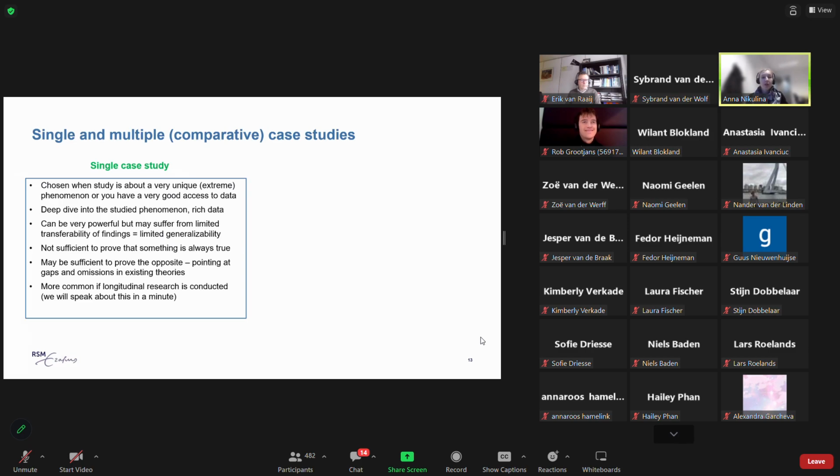For example, all previous cases would tell you that managers are motivated to work harder because of financial incentives, and you find one case that will tell you that no, people are motivated by simply thinking that, I'm doing right things, so it's intrinsic motivation rather than extrinsic financial. You can really challenge the existing theory. It's a very basic example, but that's basically what single cases are potentially very good at.